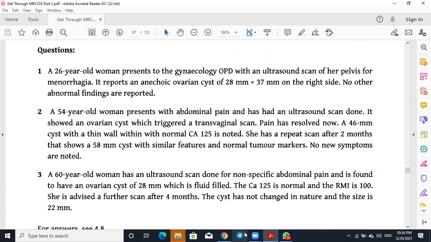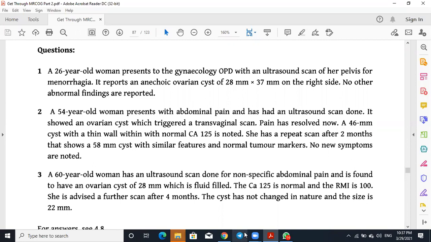Second question. A 54-year-old woman presents with abdominal pain and had an ultrasound scan done. It showed an ovarian cyst which triggered a transvaginal scan. Pain has resolved now. A 46 millimeter cyst with a thin wall with normal CA 125 is noted.